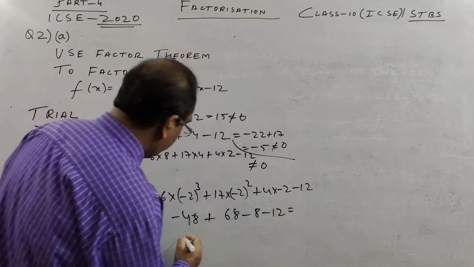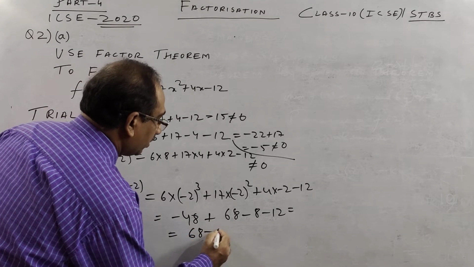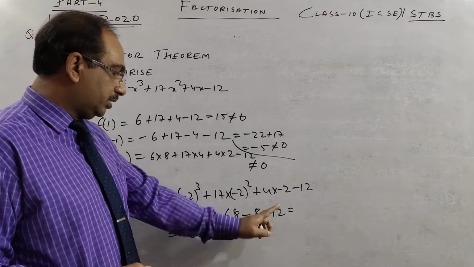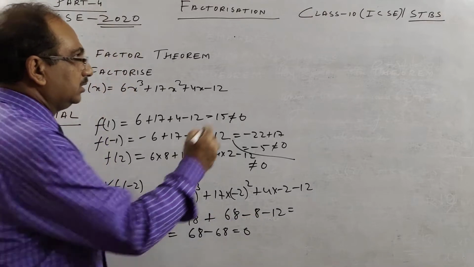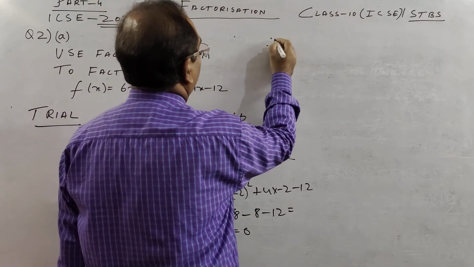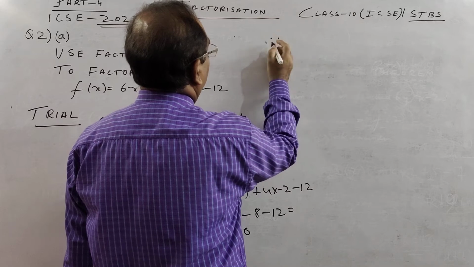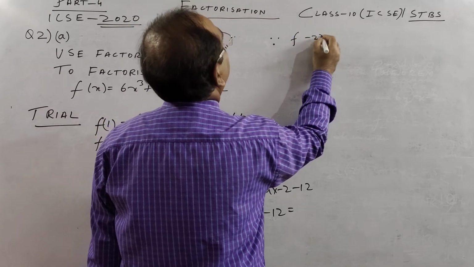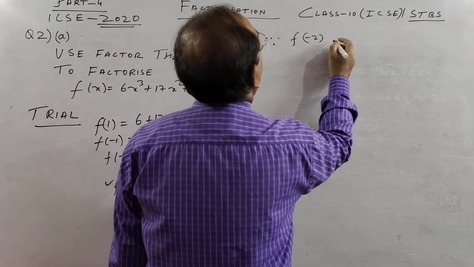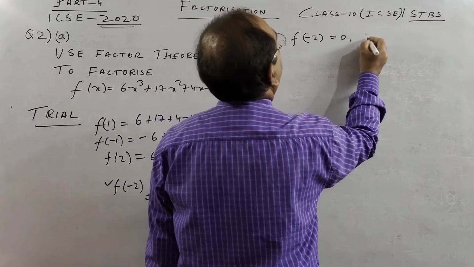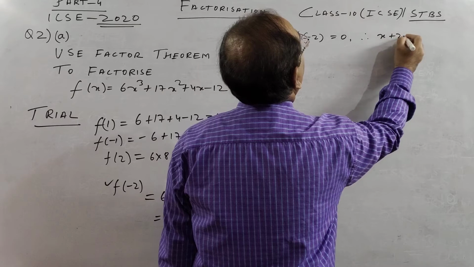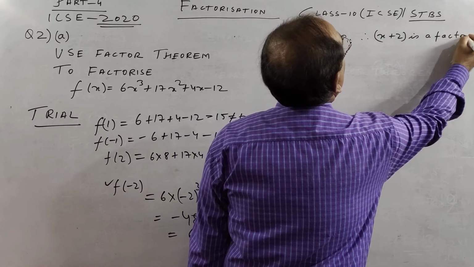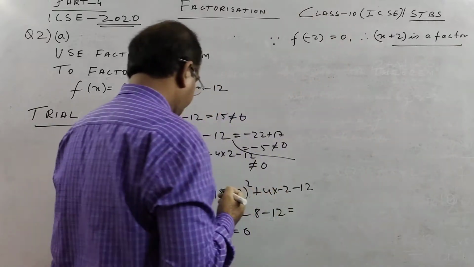I think this will give you 68 minus 68, which is 0. So see, 68, 56 and 12, 0. So since f of minus 2 is equal to 0, therefore x plus 2 is a factor by factor theorem.